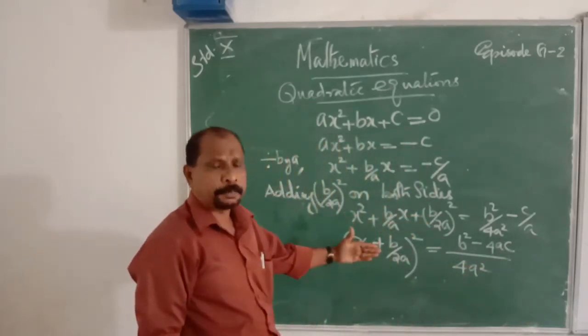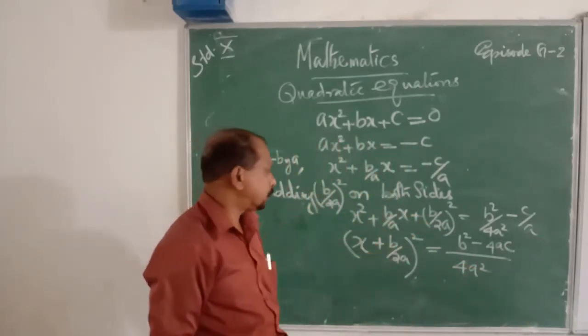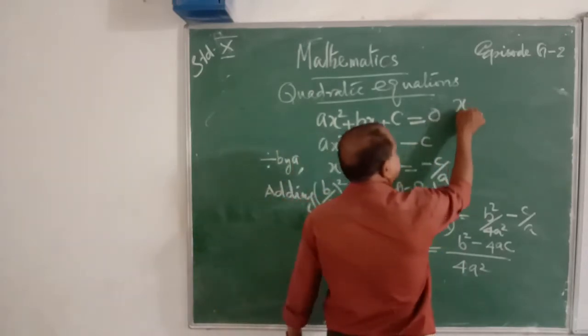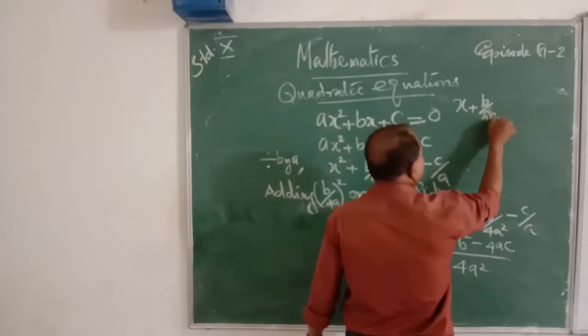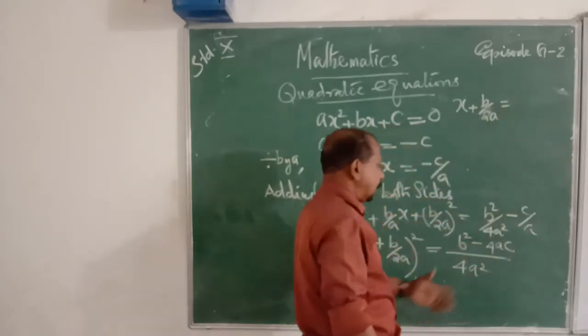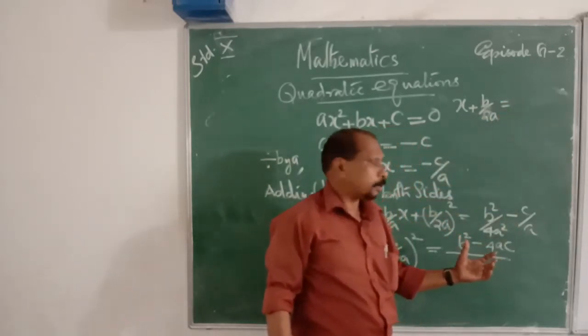Then what is necessary? Take the square root on both sides. That is x plus b by 2a is equal to, take the square root, there are two terms: root of b square minus 4ac.